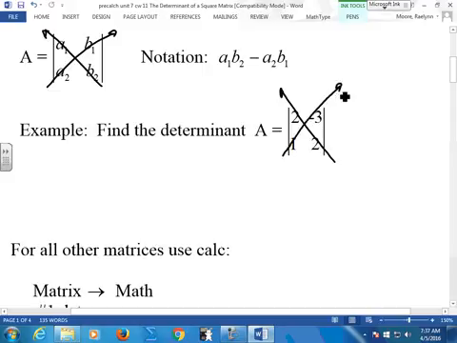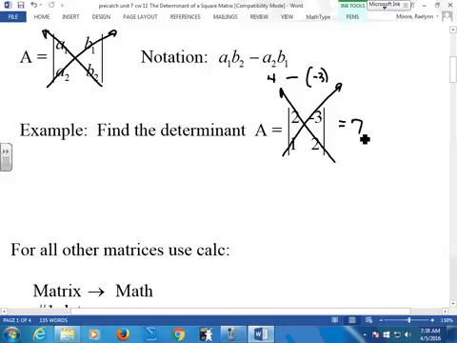You know your means and extremes when you make a ratio? Kind of like that. So you go up this way minus up this way. The order matters, because if you go the opposite way, it's different. And then you just subtract, take the opposite, and add. So your determinant for this guy would be 7.